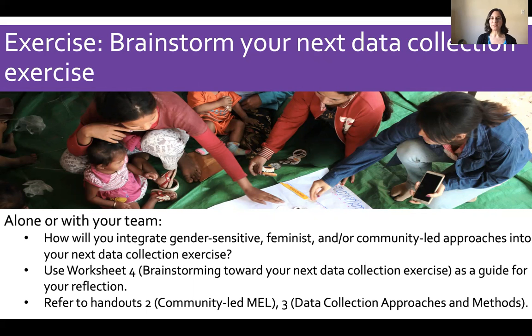How do you want to integrate gender-sensitive, feminist, and/or community-led approaches into your next data collection exercise? You don't need to answer every single one of the questions in worksheet 4. Just use it to gather and crystallize any ideas that are bubbling up for you right now.